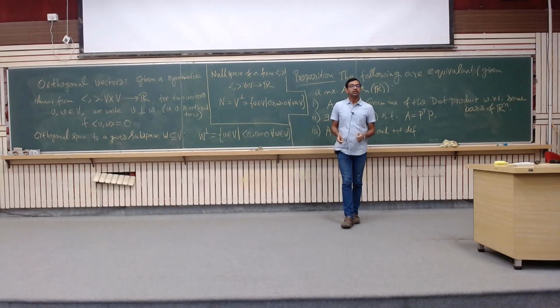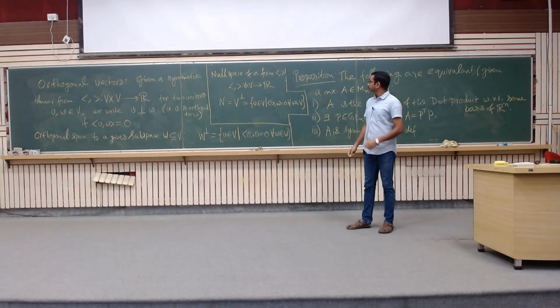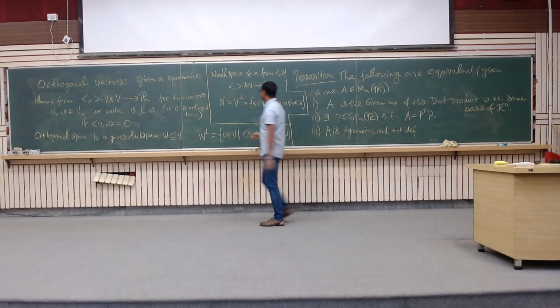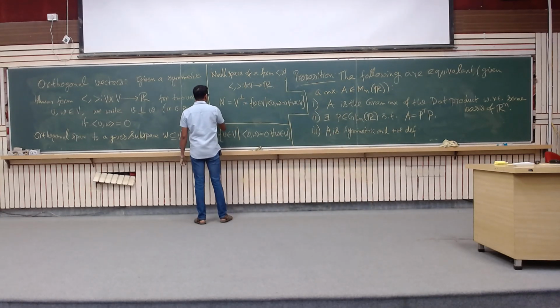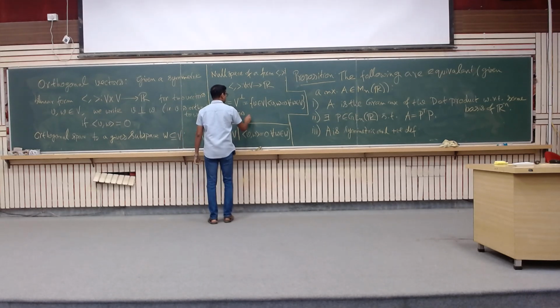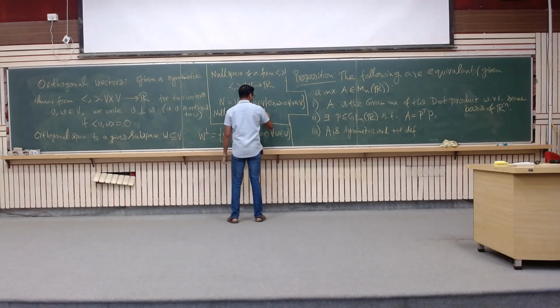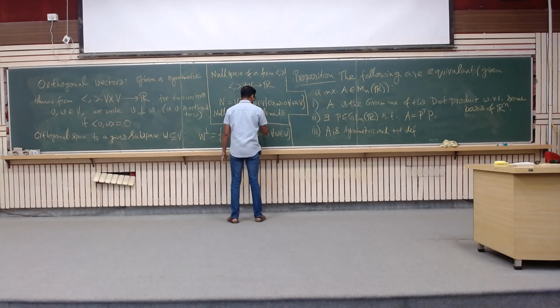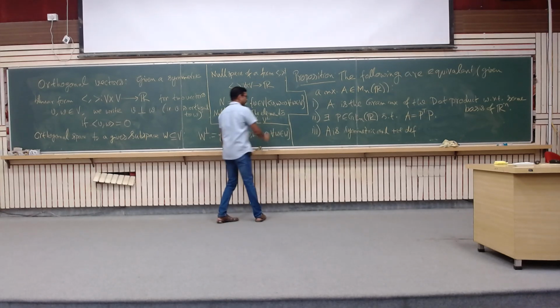So when you say for all W belongs to V, does that include V itself? Yes, of course. So in particular, these are the elements of N, or V bar, whichever you prefer to write.